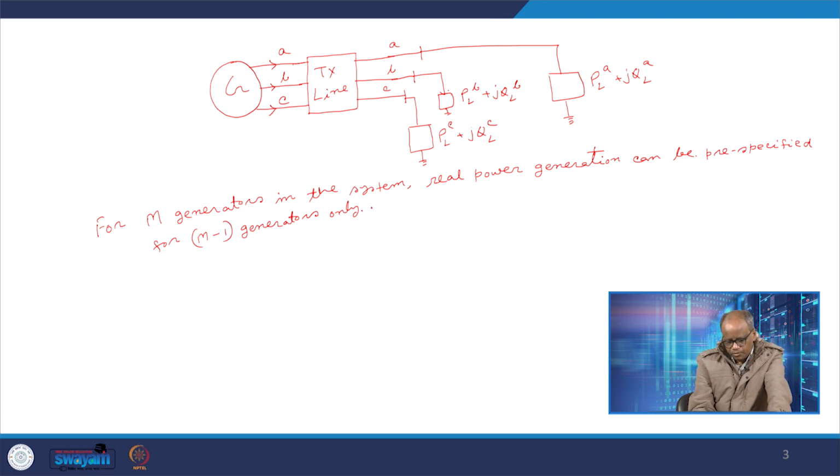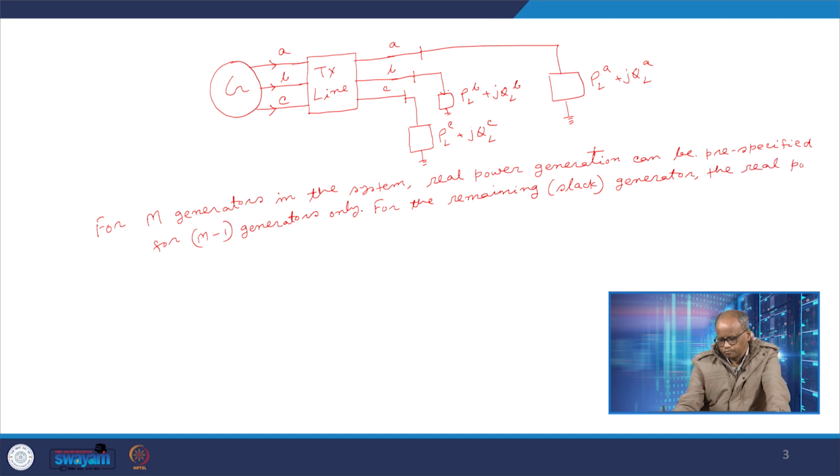For the remaining generator, which we also call the slack generator, the real power generation can be calculated after the load flow is solved.